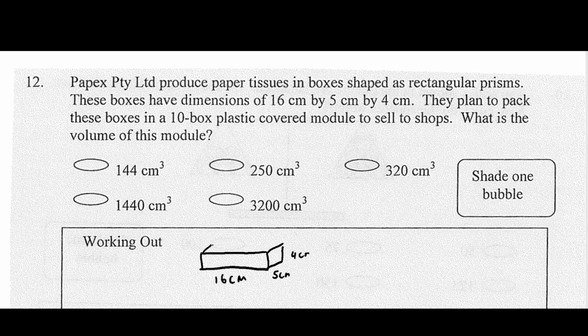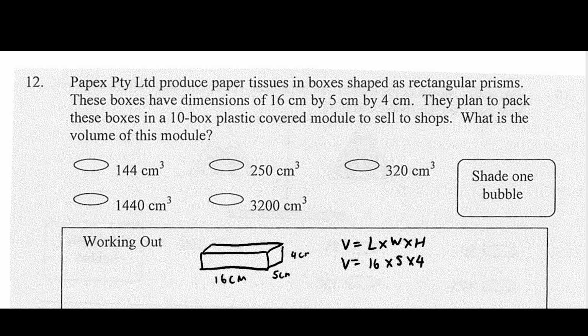That looks a bit better. Okay, so first off, let's figure out the volume of this shape. Volume of a rectangular prism is length times width times height. So the volume is going to be 16 times by 5 times by 4.